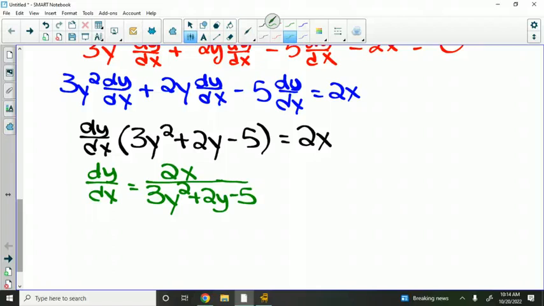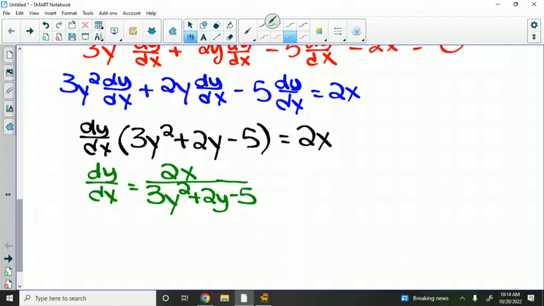And it means all the same stuff it's meant all this time. It's still the slope at any point. I could still put any point in there and get exactly what's going on at that moment in time. But now I'm going to have to know my x and my y to plug in to get that slope. But that's my derivative. So it's some kind of crazy cubic y cubic function.